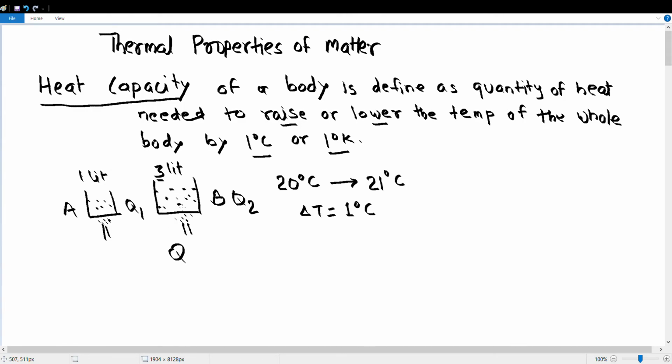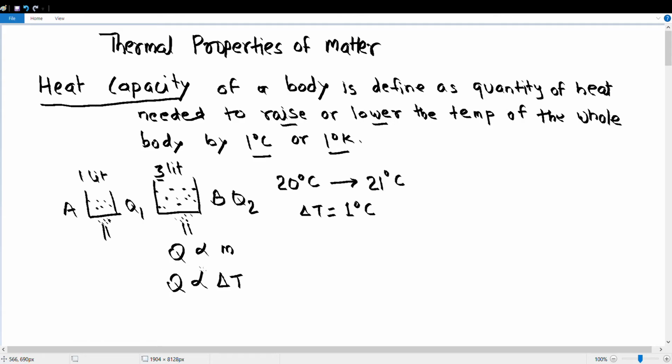This heat capacity Q must be directly proportional to the mass of the body. This heat capacity Q is directly proportional to the change in temperature, but for this the change in temperature is 1 degree Celsius.